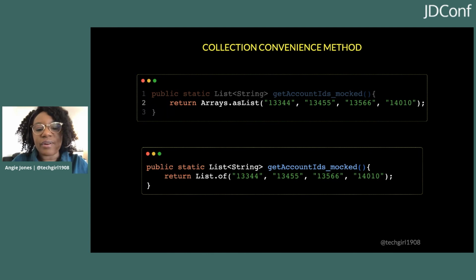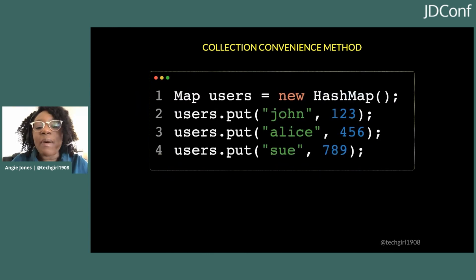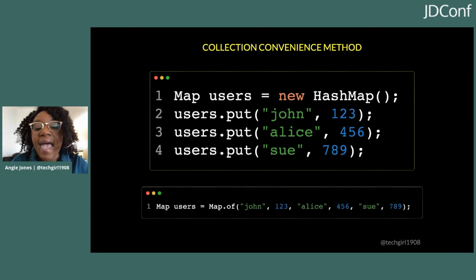Nice and straightforward. And speaking of maps, populating these required a separate method call for each item that we wanted to add to the collection. But now you can define a map all with one line of code. The parameters are key followed by value. And you see here, we have 3 entities added to this map in one line.